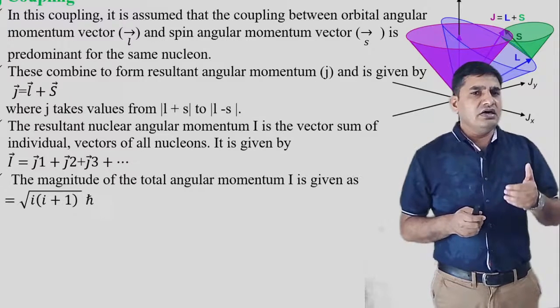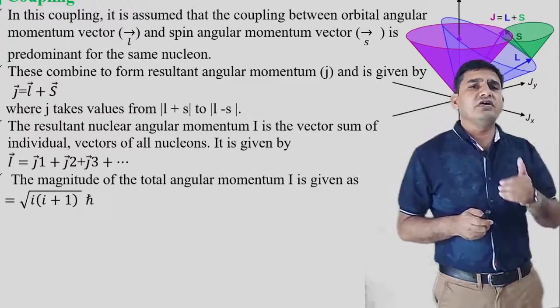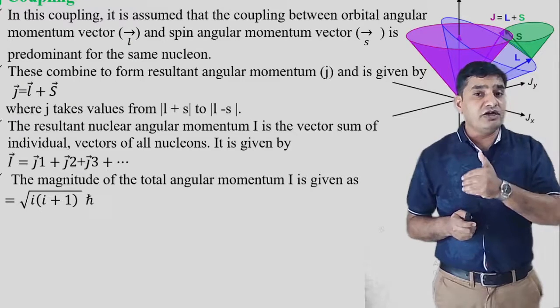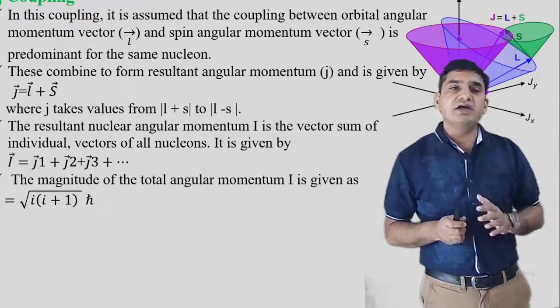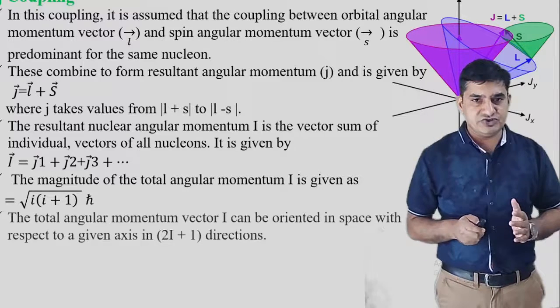Then the magnitude of the total angular momentum I is given as the square root of I(I plus 1) times h cross.